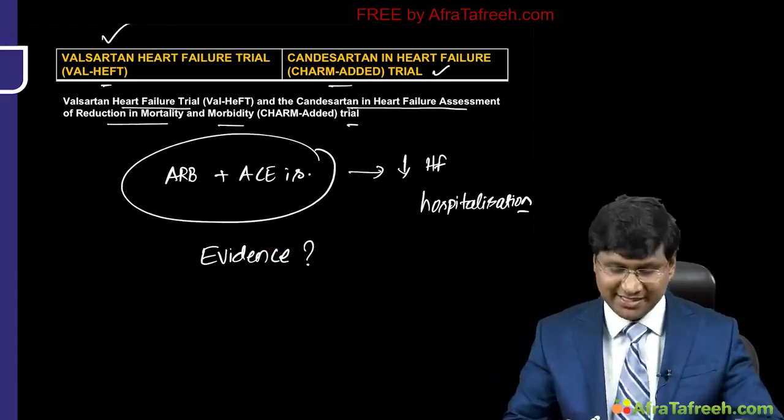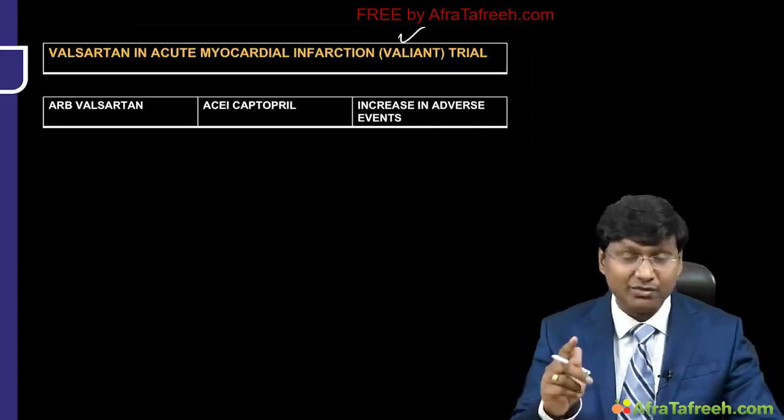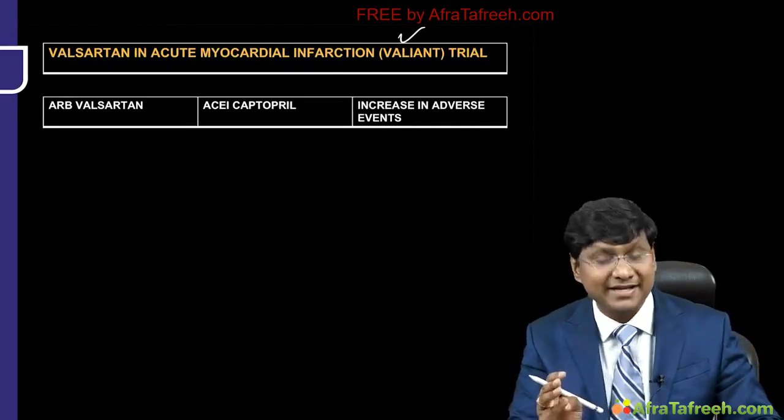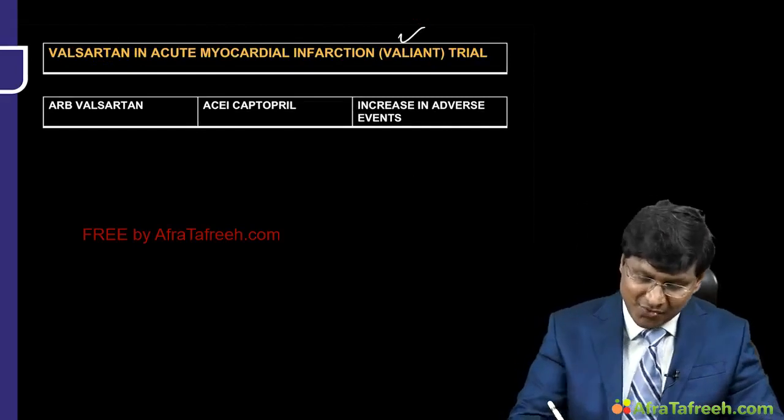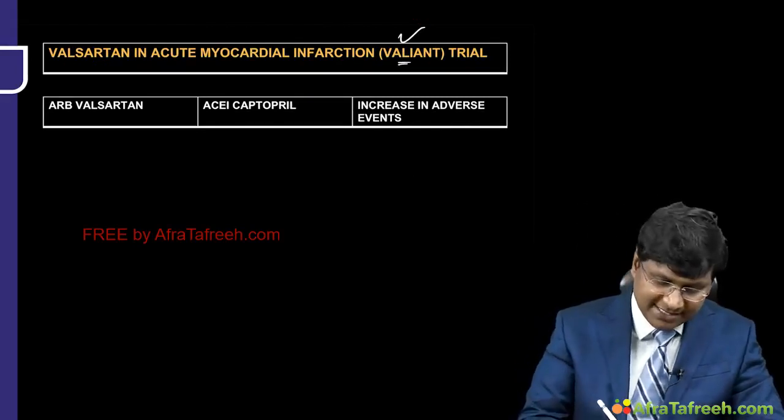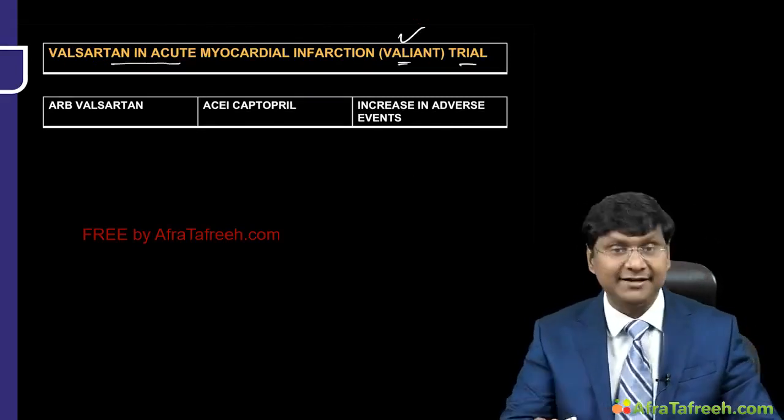But we have trials like the Valiant trial, and next the ATMOSPHERE trial. What these trials said, I'll tell you. The Valiant trial is the valsartan in acute myocardial infarction trial.